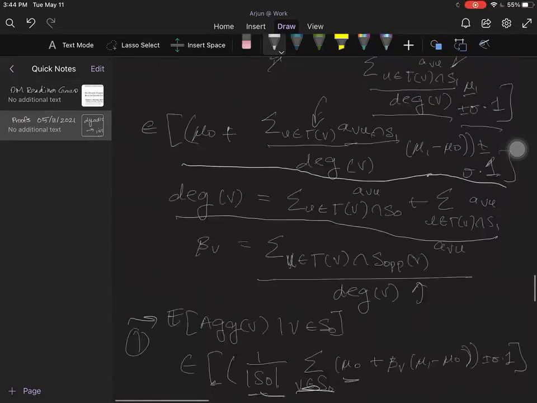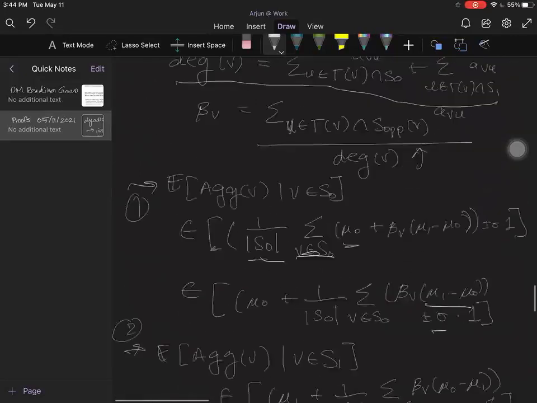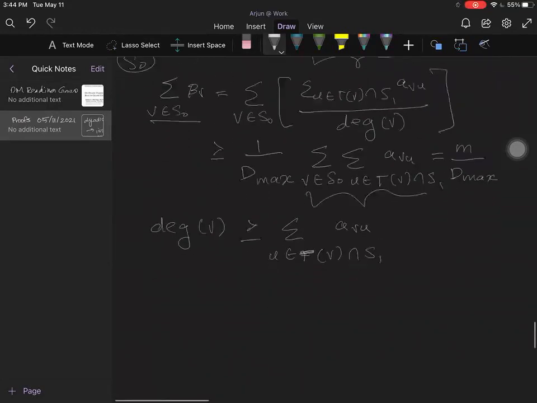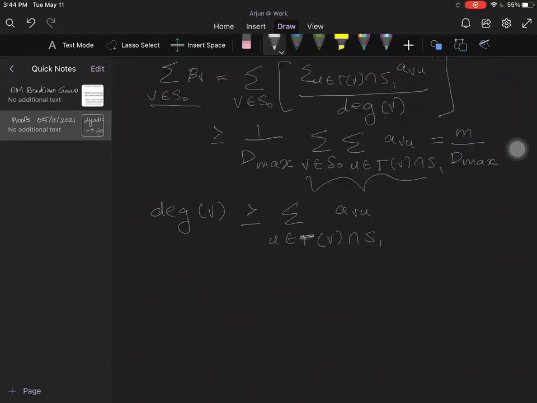But clearly, because all the link weights are positive, we can say that the degree of V is greater than or equal to just all the neighbors that are in S1. We're just getting rid of all the neighbors that happen to be in S0.